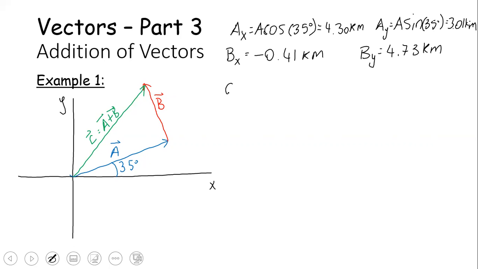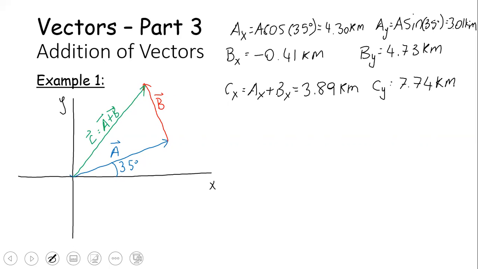Now to find Cx, we add Ax plus Bx, and that gives us 3.89. And Cy is the sum of the two numbers above there, which is 7.74 kilometers. Now we have the two components.